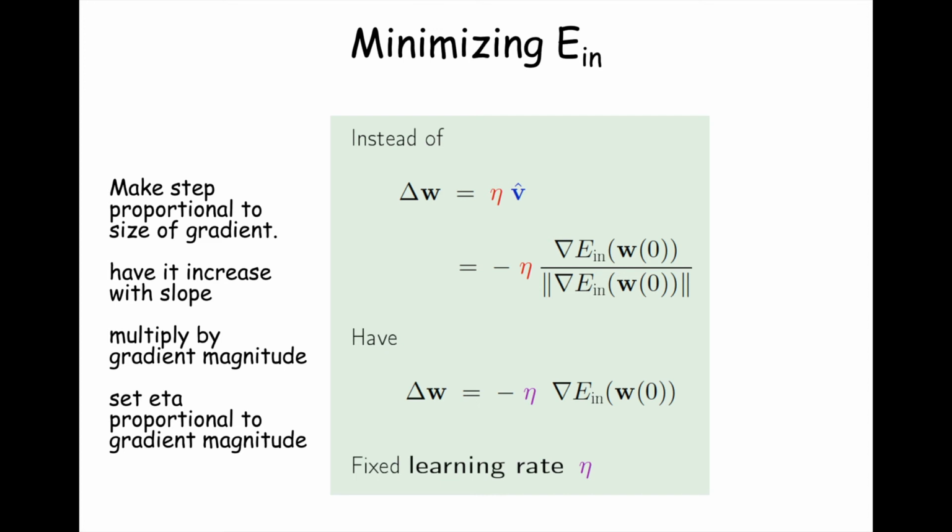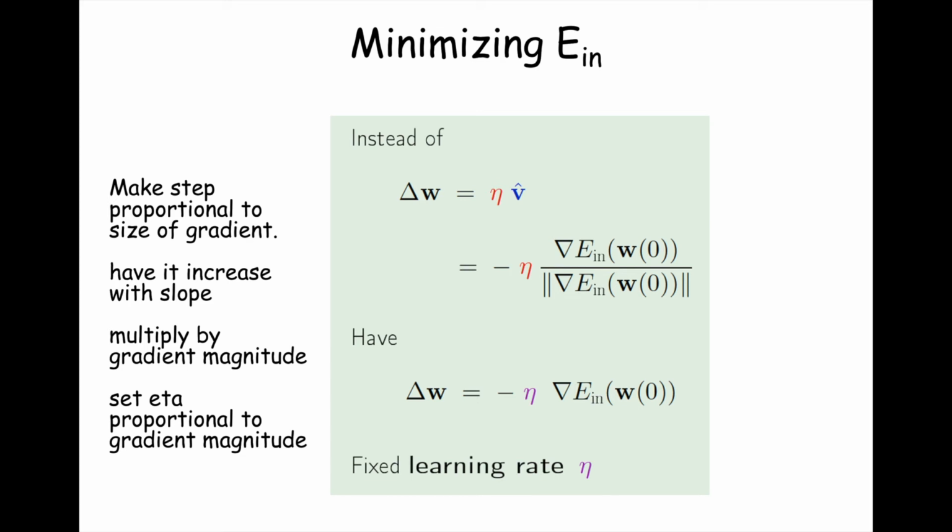Does that make sense? And so, I mean, I'm trying to follow the book. If I had my choice, I would maybe call this gamma or lambda or something else. And I would say lambda is equal to this eta times the magnitude of the gradient of En.